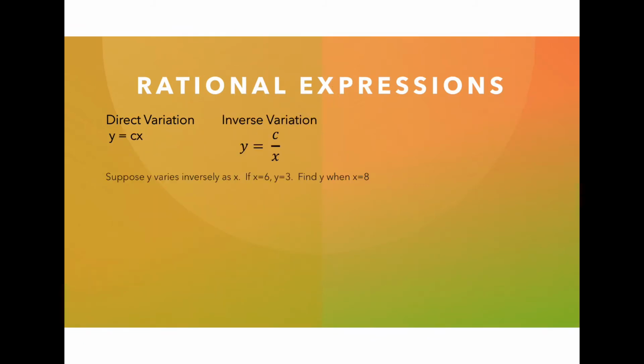Okay, let's look at some more problems that involved inverse variation. And so we're going to look at a very simple one here. We're just told that suppose y varies inversely as x. So here we're being told the type of relationship that we have. This is the general equation we have for inverse variation, where y is equal to some value c over x. Whenever we see c, we think constant, which is the opposite of a variable.